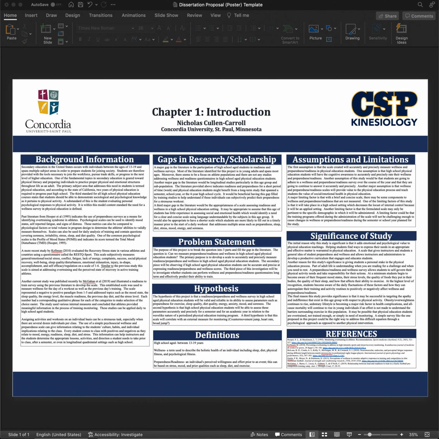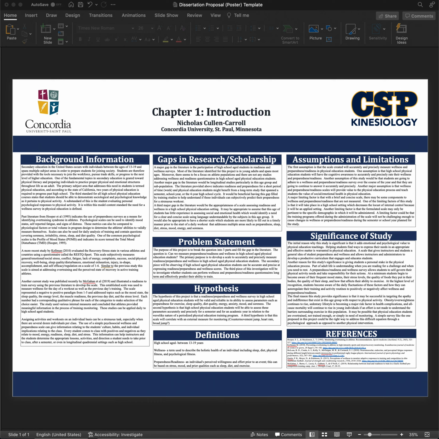Let's look at some limiting factors. I think one of the major limiting factors is that with a brief, concise scale, there could be a lot of components to wellness and preparedness that we do not measure and we completely miss, and if they were included, might have made an impact on the study.